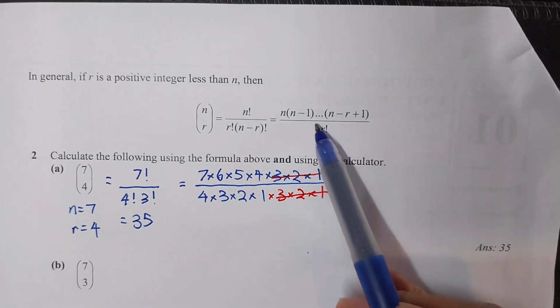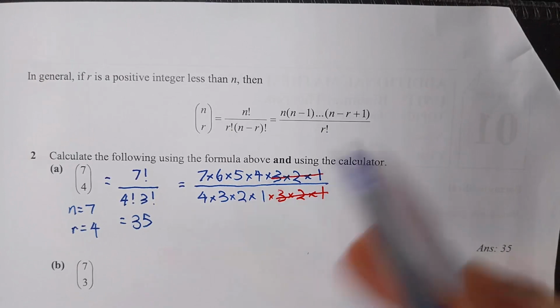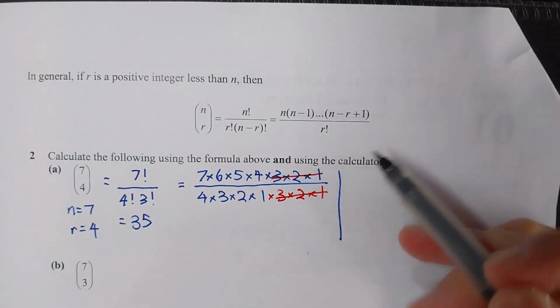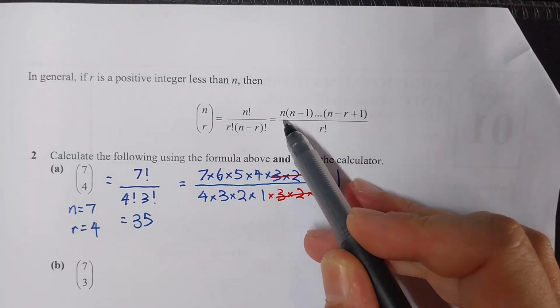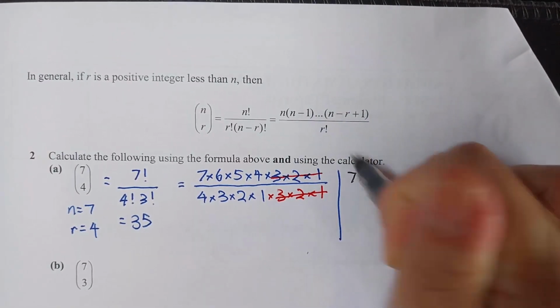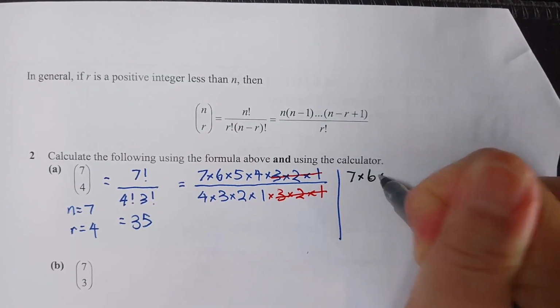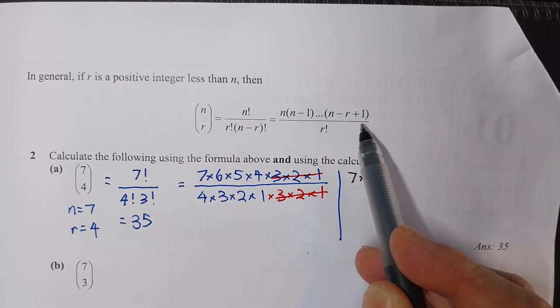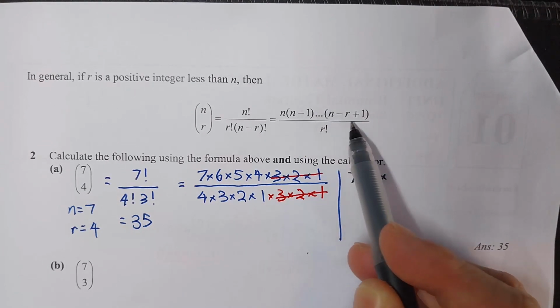So let us look at how this formula here is related to this part. If we look at the formula and apply it directly, the first number for the value of n will be 7, multiplied by 6, multiplied consecutively all the way until you reach 7 minus 4 plus 1, which is 4.